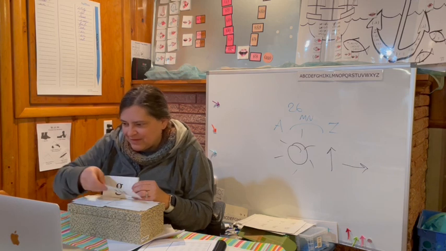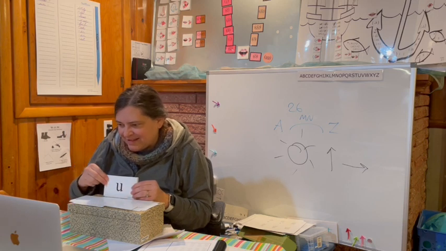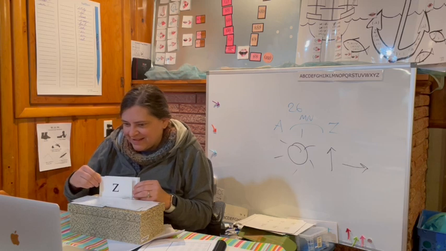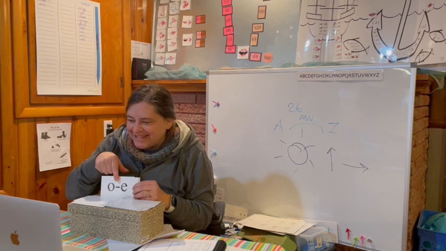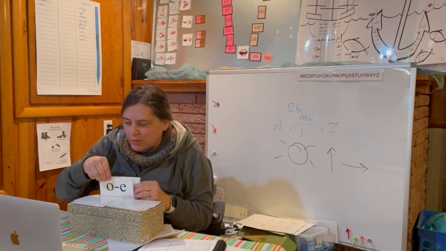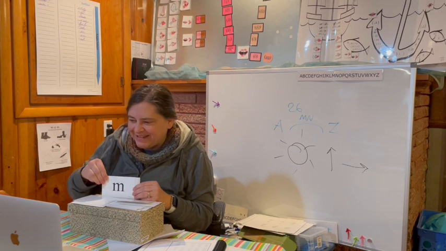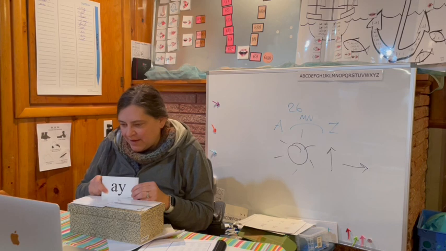U, combination R, G, N, U, B, I, Z, E, O, combination E. Oh, consonant E. Yeah, the line stands for a consonant that any word might have. Like consonant E. Right. Good. We're going to do this last one because we're running out of time.